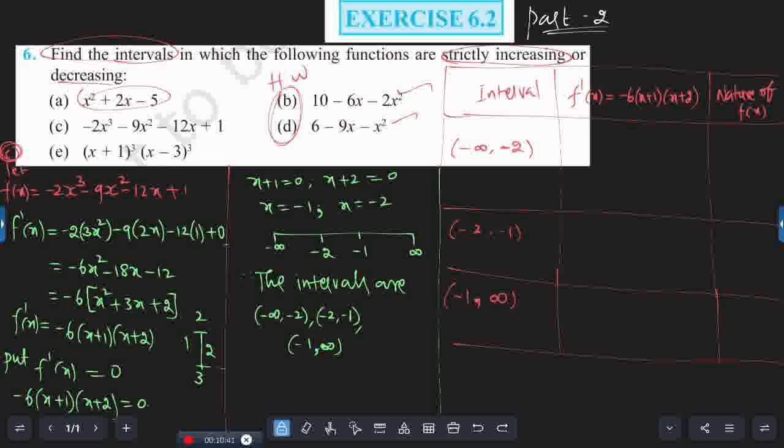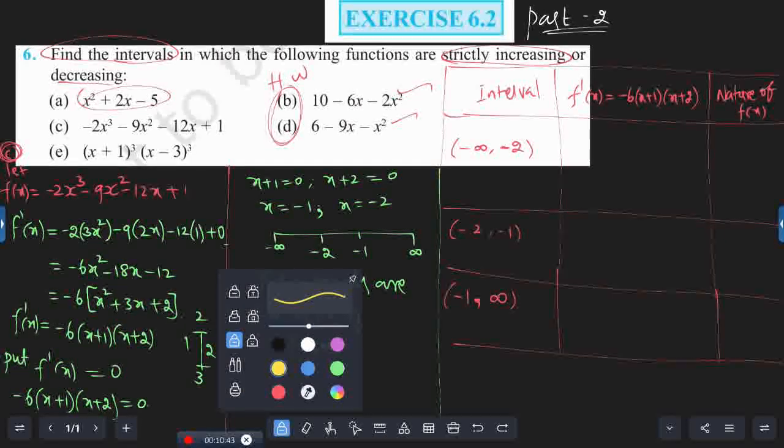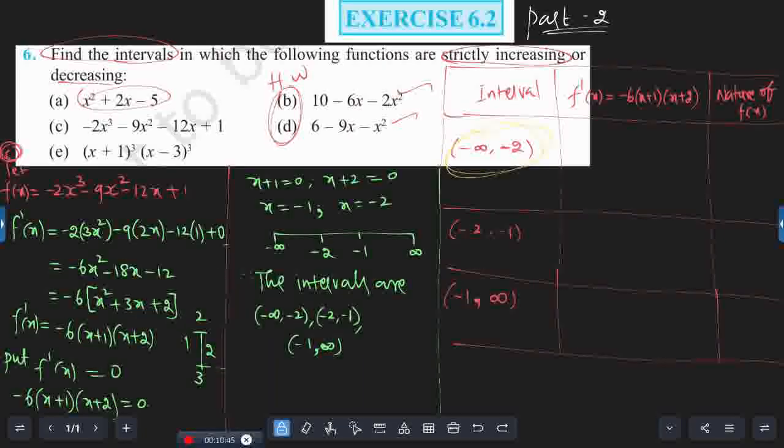Now we have to write everything here. Let's substitute values, starting from minus infinity to minus 2. If you want to take one easy number, what will you take? f dash of minus 3, I'll take minus 3. f dash of minus 3 equals minus 6 into, listen, minus 3 plus 1, what will you be getting? Minus 2.